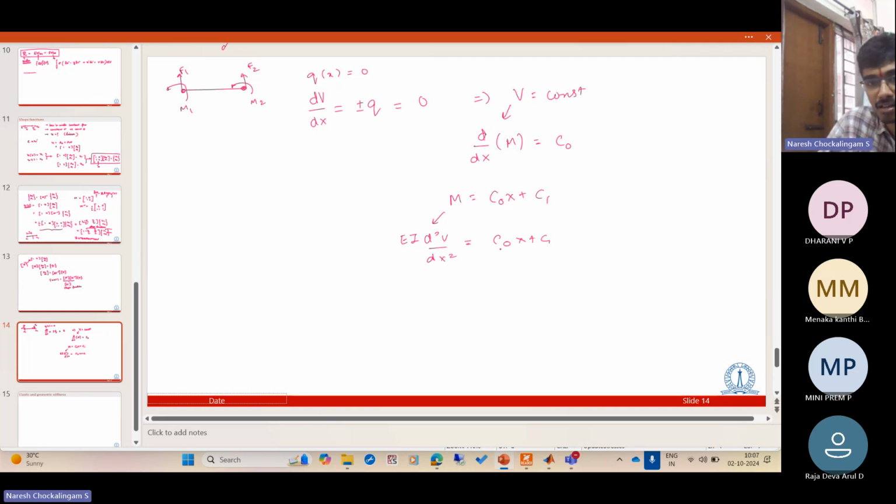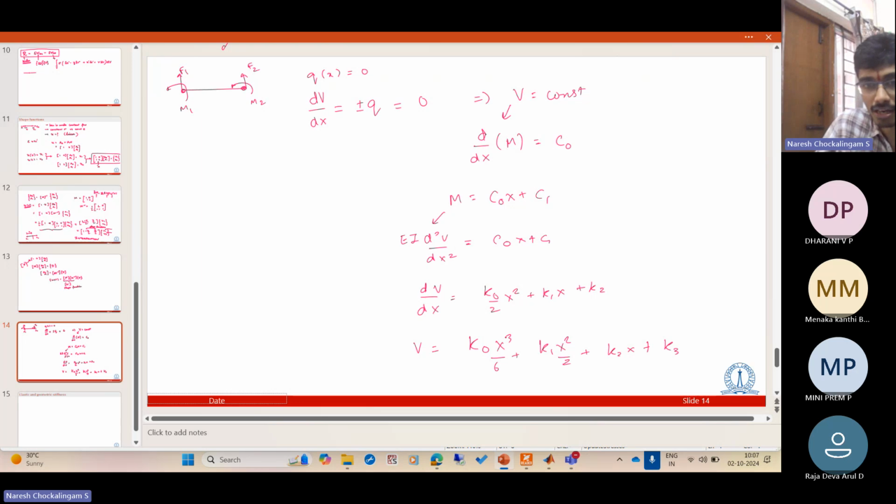So EI d square V by dx square is C0 x plus C1. Now take this EI to the other side and make it K0 and K1. So we get dV by dx as K0 by 2 x square plus K1 x plus K2, and V you just integrate once more: K0 x cube by 6 plus K1 x square by 2 plus K2 x plus K3.